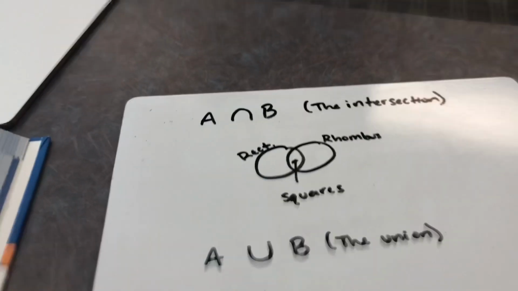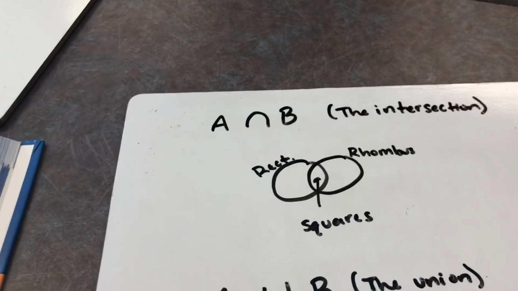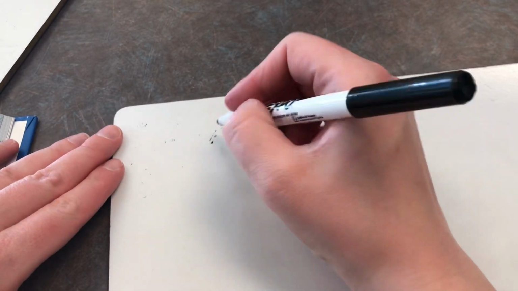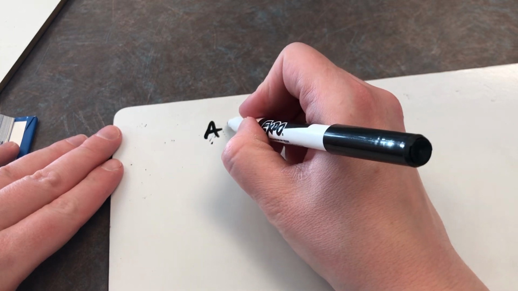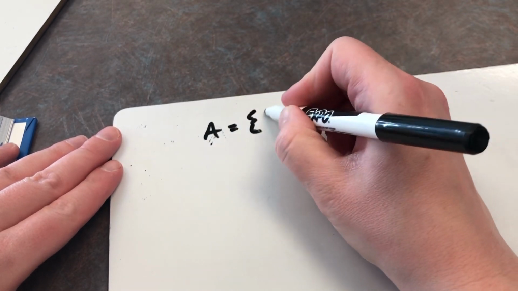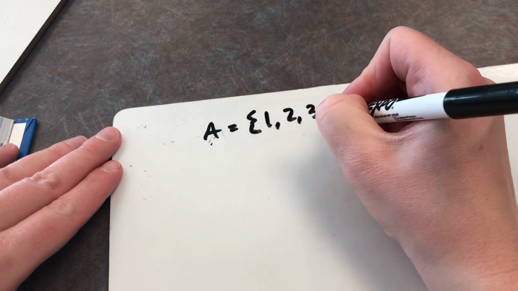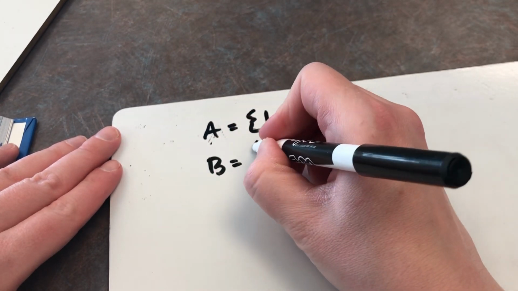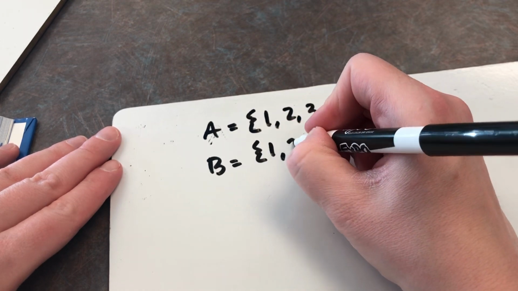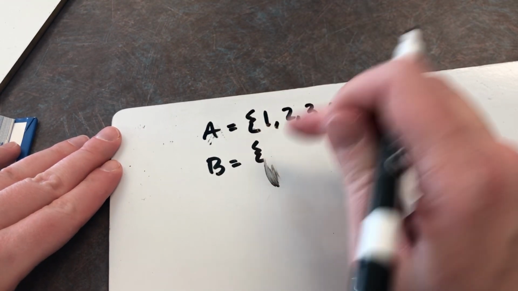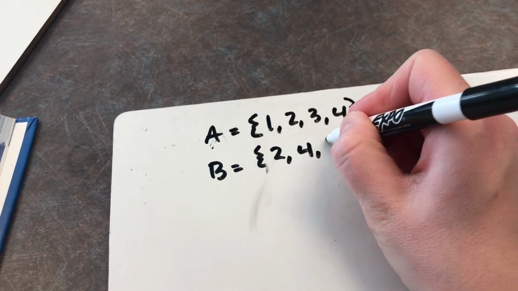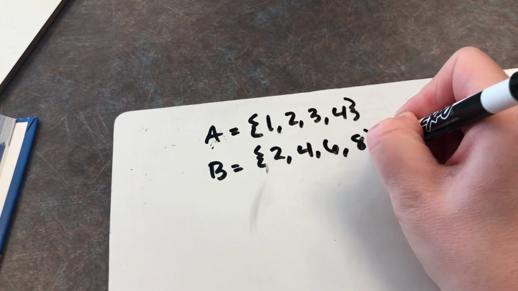All right, so let's look at this with a list of numbers, just to make it a little bit more applicable. So if A is the numbers 1, 2, 3, 4, and B is the numbers 2, 4, 6, 8.